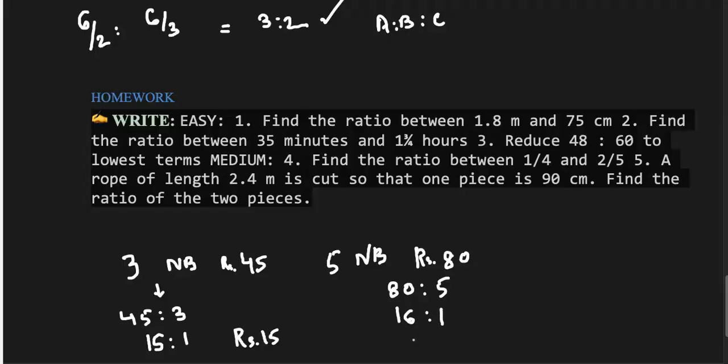So you are paying 16 rupees for getting 1 notebook. So which deal is better? This deal is better because you are paying less here. So deal 1 is cheaper. That's ratio thinking in action.